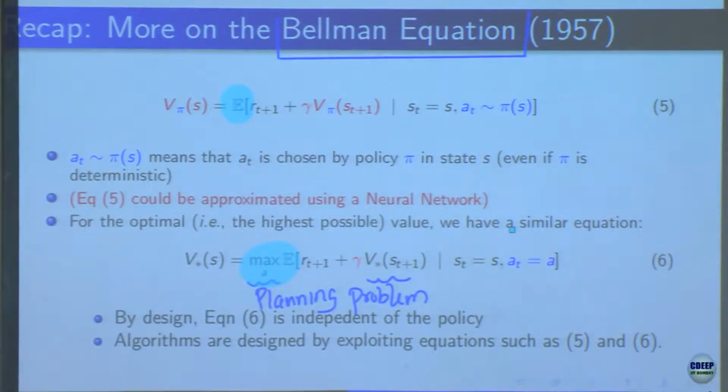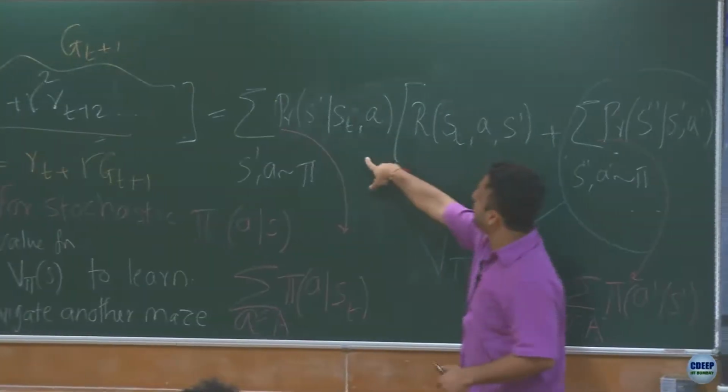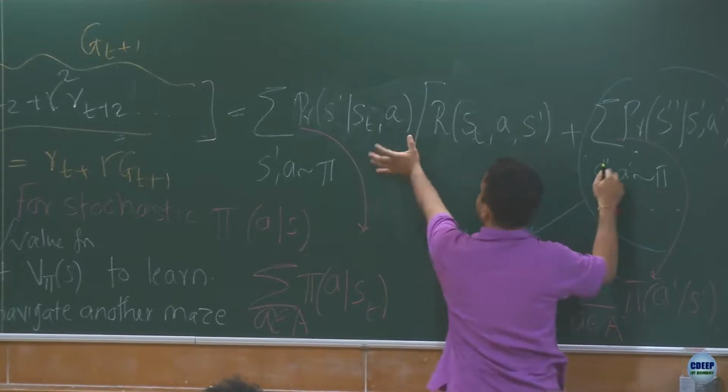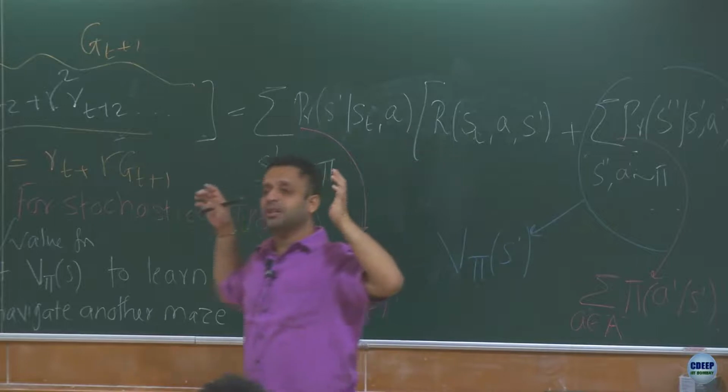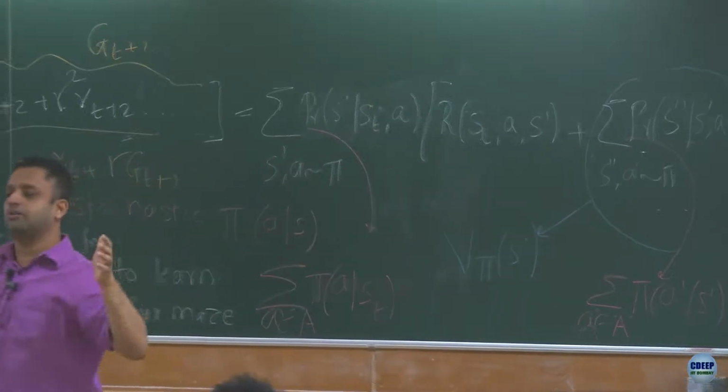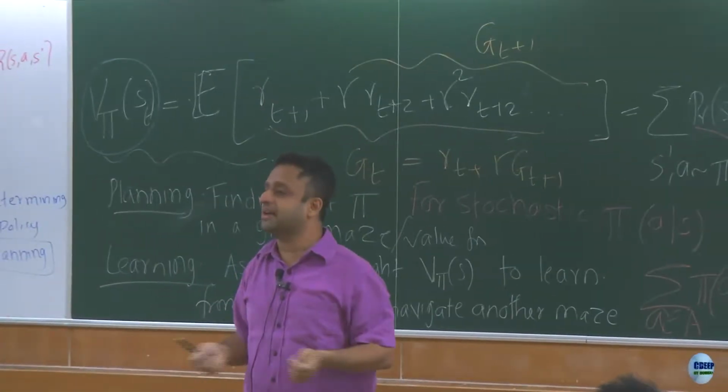So let's say I apply a max here, expected value here, so max here, right, max summation. Now for the time being let's forget this probabilistic transitions. Now this max of the summation, what's its relationship with the summation of the max?